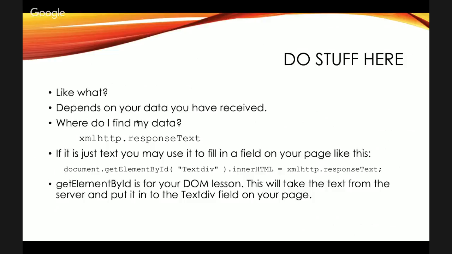I'm going to get an element that's on the screen called textDiv, and I'm going to change the HTML for that div with the response text from the server. Remember the hello world? That's where we're going to put the hello world into where the button used to be. Now, the getElementById, you're going to have to figure that out when somebody teaches about the DOM, but it allows you to get access to fields on the screen.